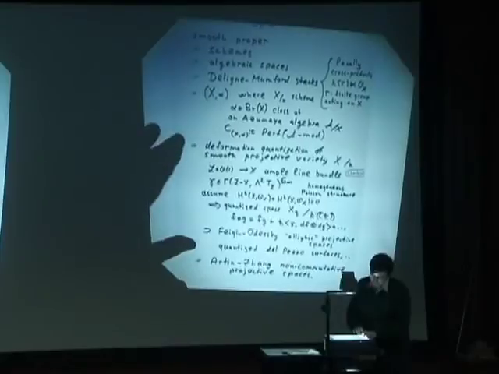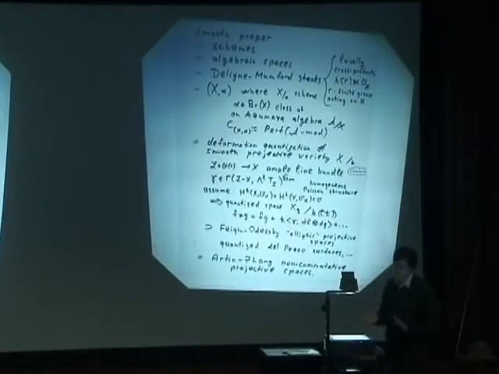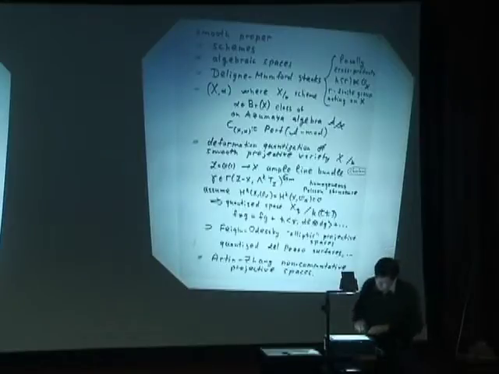So there's a big class of examples coming from deformation quantizations of smooth projective varieties. Suppose you have a variety with an algebraic Poisson bracket, and I want to construct a non-commutative space. The general procedure is the following.